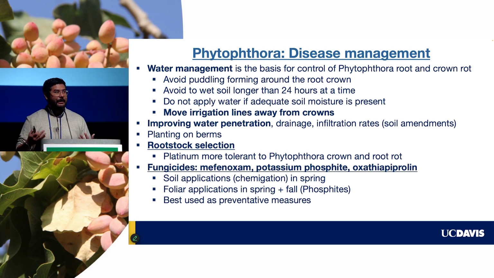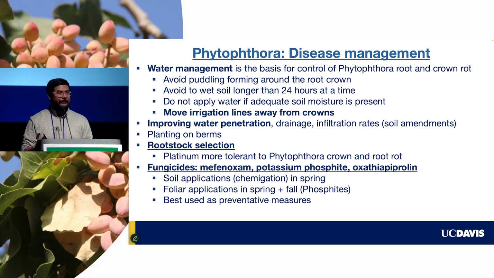Now, if we look back at the table I showed earlier, when we look at disease management, our research has been helping to fill in the rootstock selection. We would recommend that farmers use platinum rootstock, especially if they have a Phytophthora disease issue. And when it comes to fungicide applications, our research has shown that the products mefenoxam, potassium phosphate, and oxathiapiprolin, which at this time are the only 3 products registered for pistachio, are all highly effective at managing this disease.